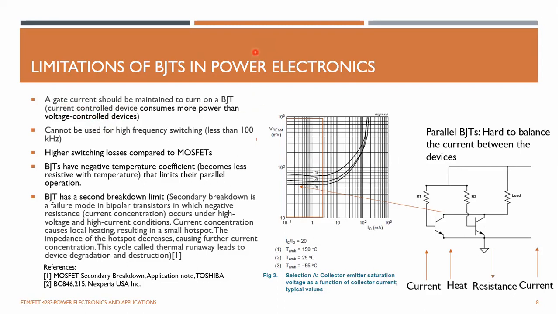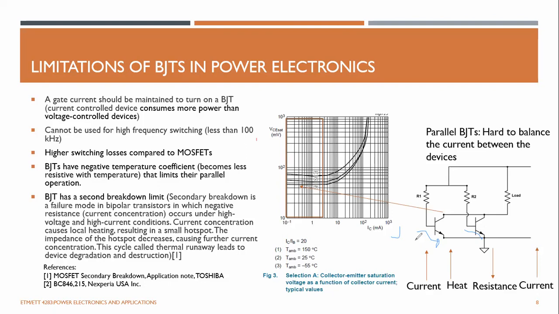That makes it a little bit complicated, because for MOSFET-like devices, you just need to provide a voltage signal. But for BJTs, you have to always keep your base emitter current flowing in order to make the switch turn on.